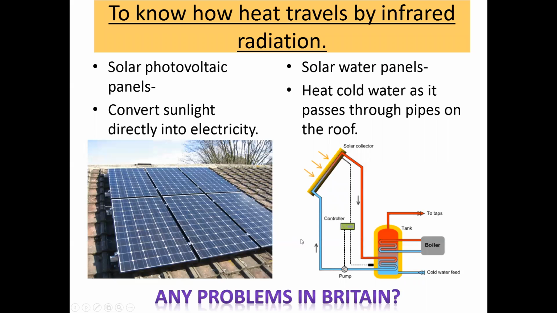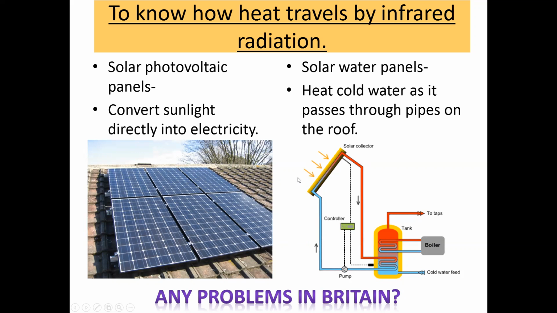So one application of infrared radiation is how energy travels from the sun to us. I've got here solar photovoltaic cells that produce electricity, and also some that produce hot water. The trouble with hot water solar collectors in Britain is we don't get a lot of direct sunshine.